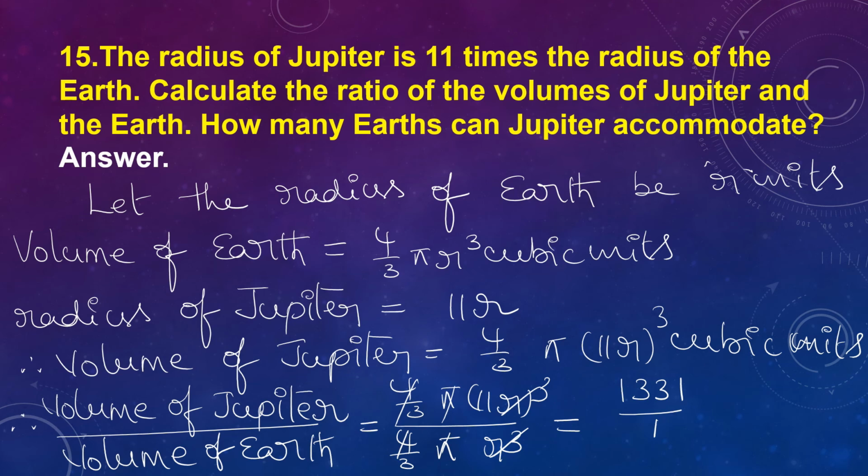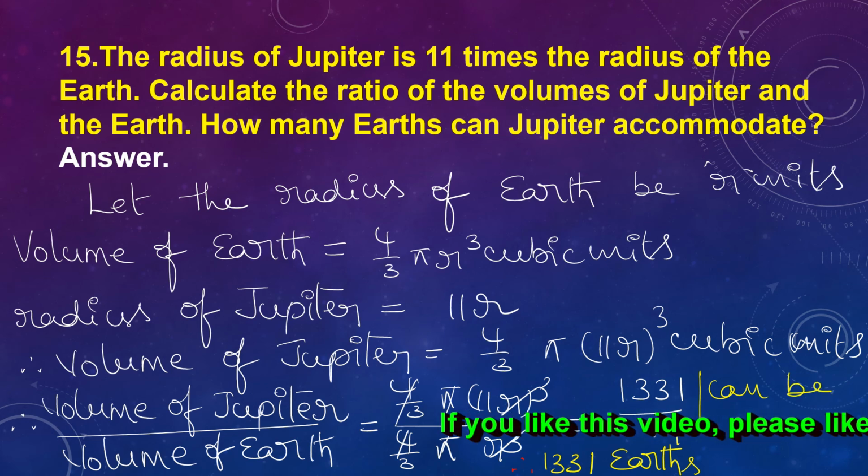Therefore, 1331 Earths can be accommodated in one Jupiter.